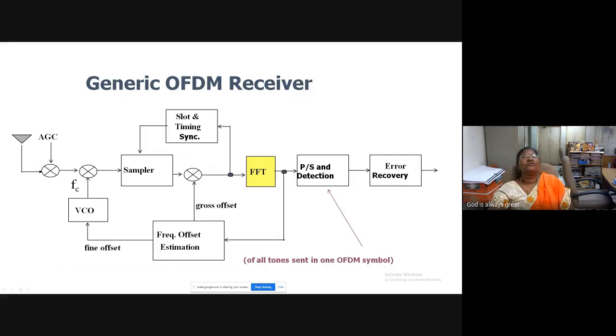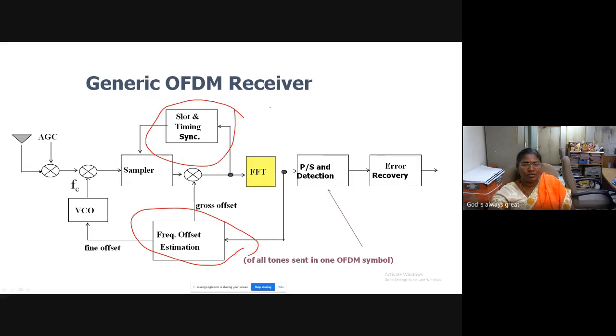This is the OFDM receiver part. You'll get your signal. This is for a real-time receiver where you need adaptive gain control and so on, but in simulation we need not require this. Similarly, this set of operations is the timing offset compensator, and this part is the frequency offset compensator.